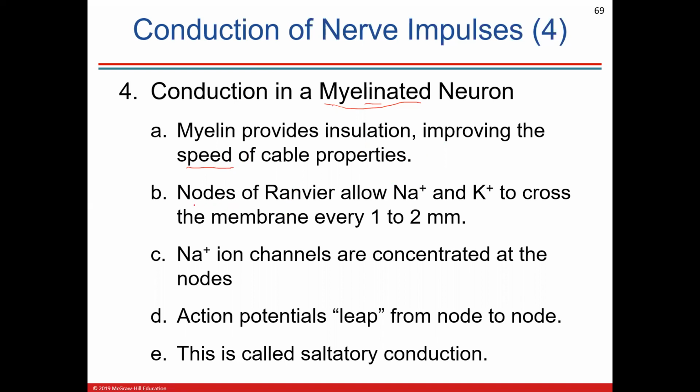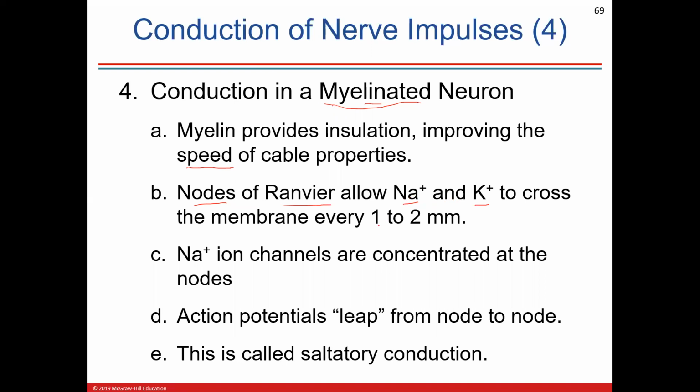So at the nodes of Ranvier, and nodes of Ranvier, if you remember, are unmyelinated nodes between the myelin, you have sodium-potassium channels there, which makes a lot of sense, right?